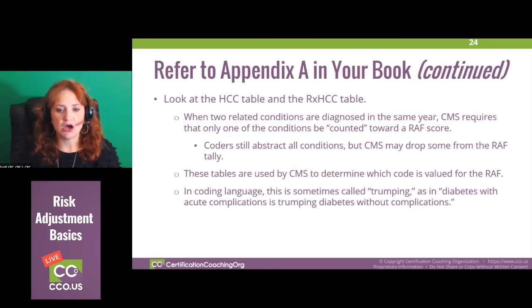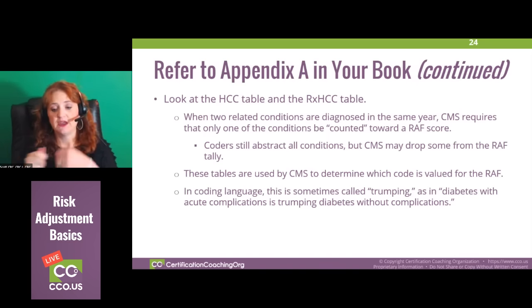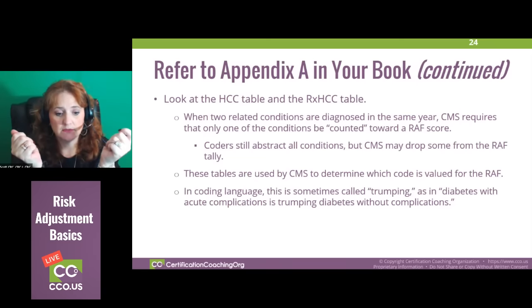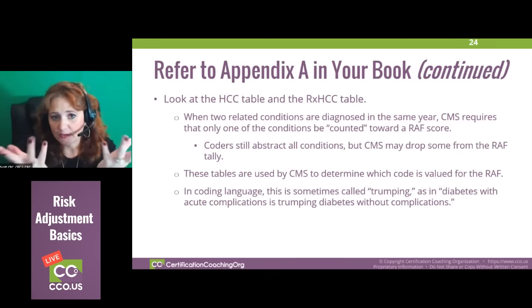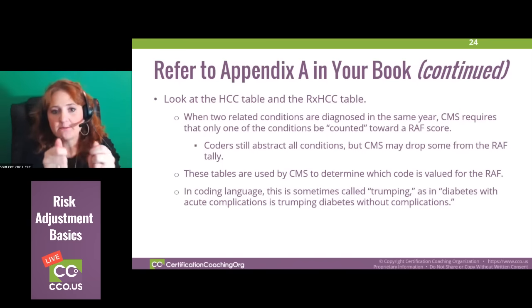Now, also, we've got to talk about trumping. Trumping is a term, and I think of it like playing cards, right? If you're playing a game of poker and you say twos are trump, or whatever you're playing, that means that a 2 captures whatever's laid down.